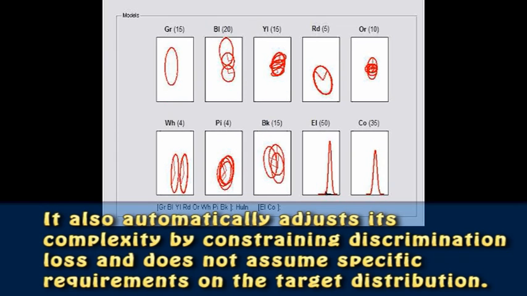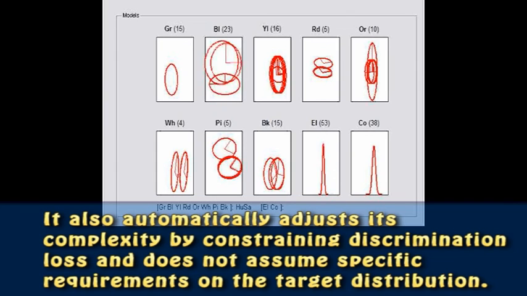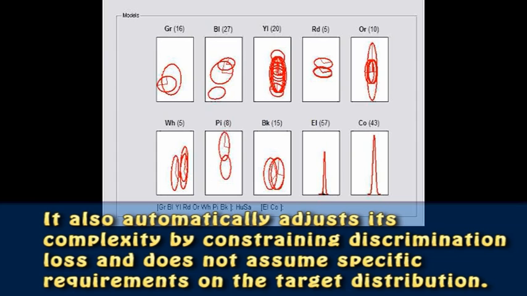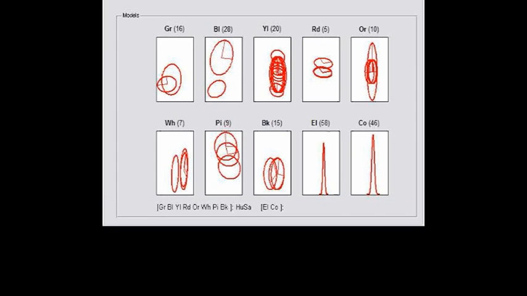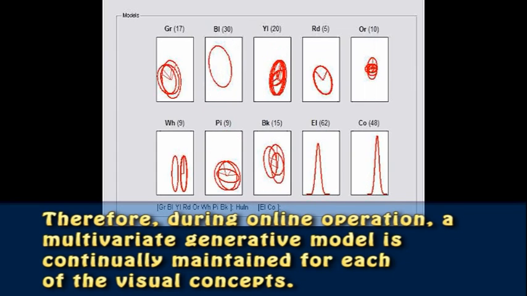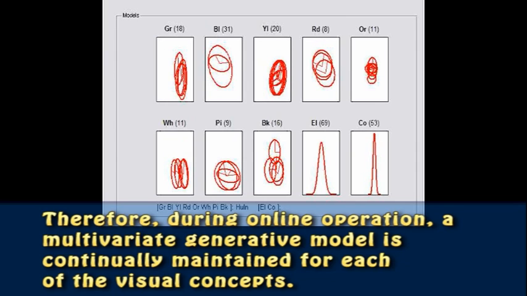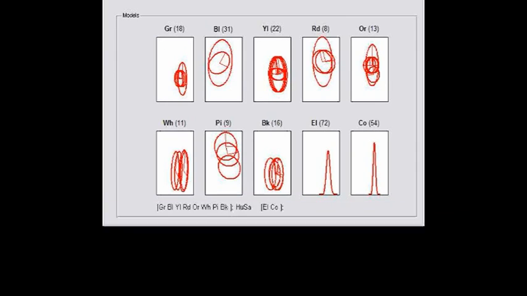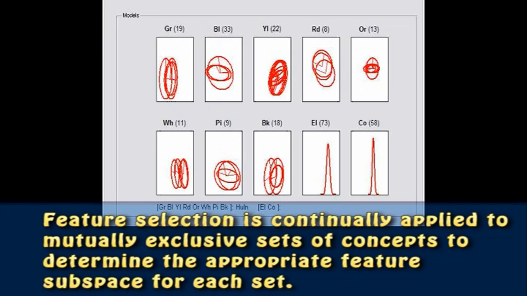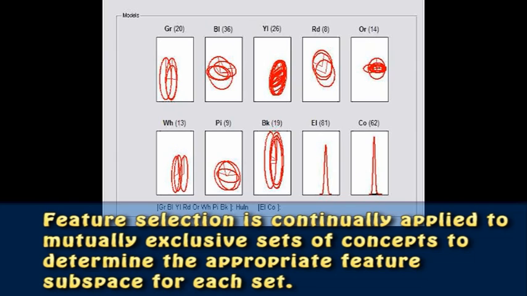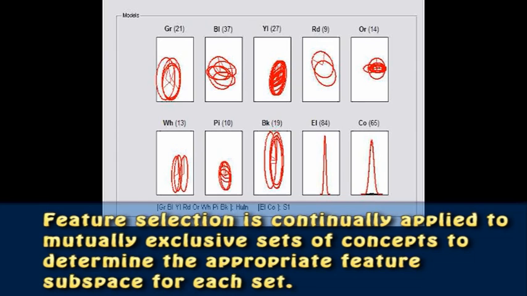It also automatically adjusts its complexity by constraining discrimination loss and does not assume specific requirements on the target distribution. Therefore, during online operation, a multivariate generative model is continually maintained for each of the visual concepts. Feature selection is continually applied to mutually exclusive sets of concepts to determine the appropriate feature subspace for each set.